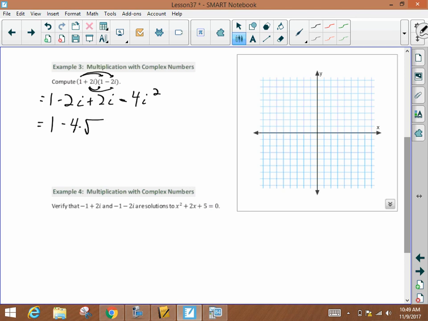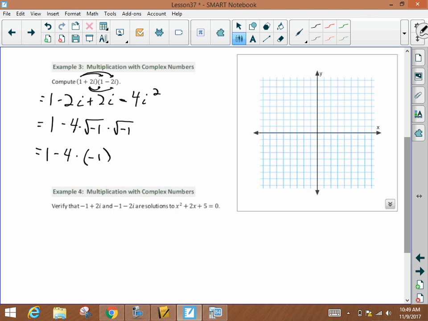Isn't this the same thing as negative 1 times the square root of negative 1? I squared is the square root of negative 1 times the square root of negative 1, right? What is the square root of negative 1 times the square root of negative 1?